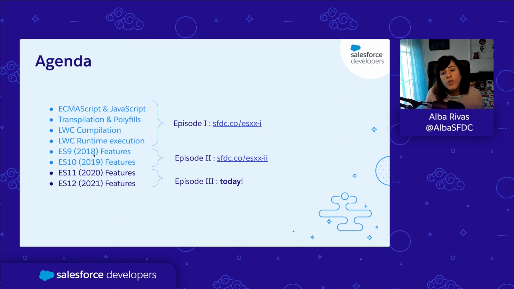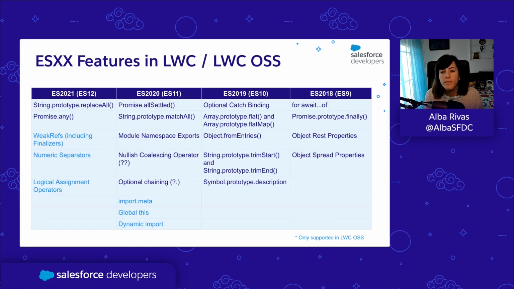And in the second webinar, I went through the most interesting features for me from ECMAScript 9 and ECMAScript 10. So if you are interested, take a look at these two webinars. And today we are going to finish this series talking about features from ECMAScript 11 and 12.